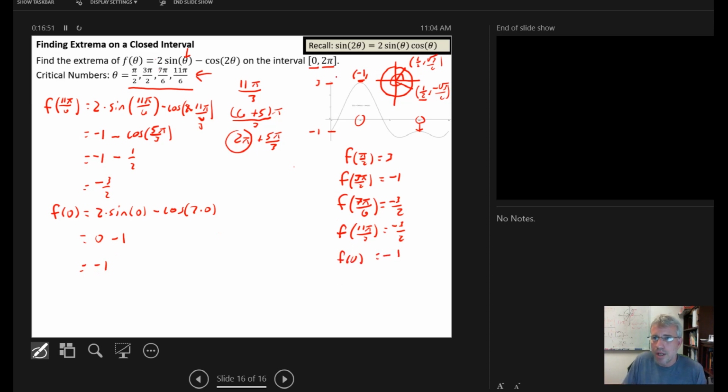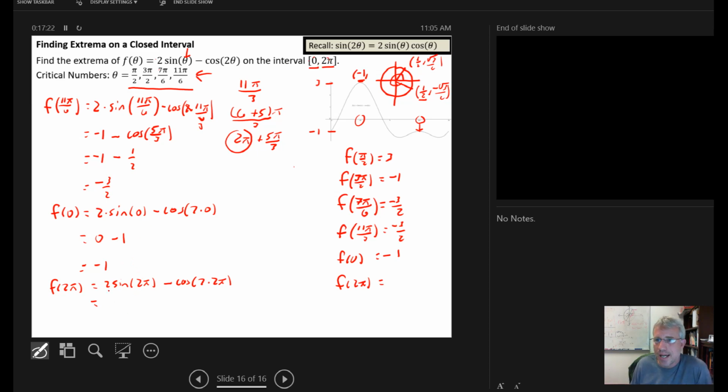And now we need to evaluate f of 2 pi. So f of 2 pi equals 2 times the sine of 2 pi. But the sine of 2 pi is going to be 0, and we get the cosine of 2 times 2 pi. 2 pi is coterminal with 0, so we really have coterminal angles here.